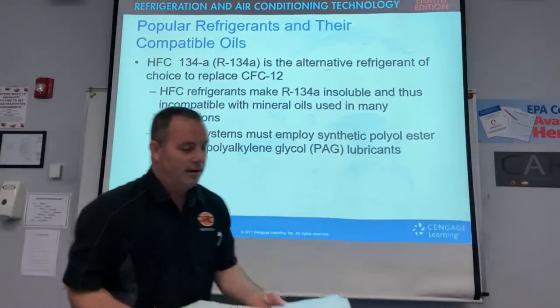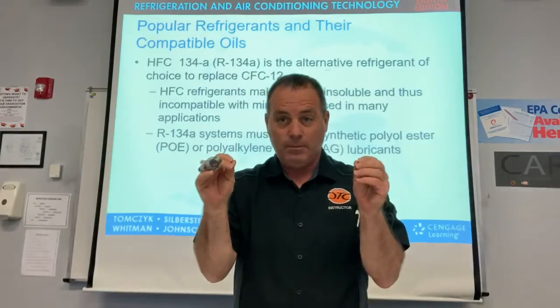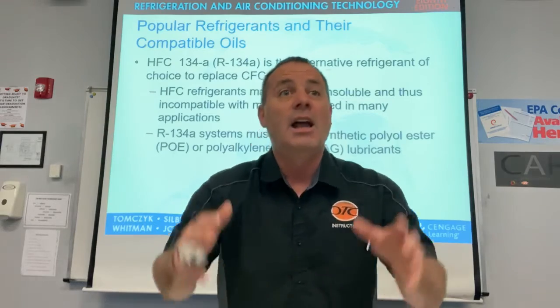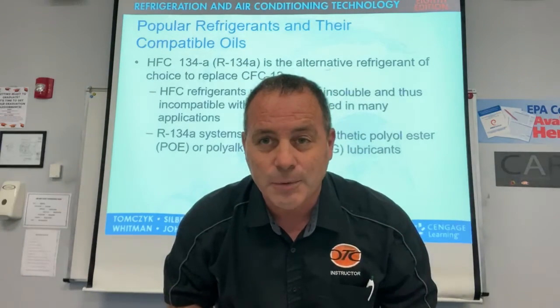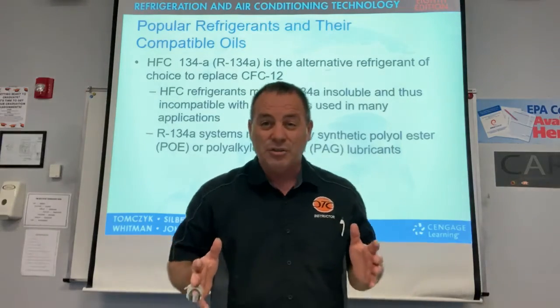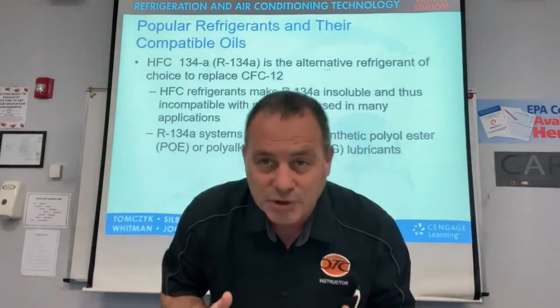However, 410A evaporates in your evaporator at 40 to 43 degrees. Normal operation of a residential system, just like R22. So it doesn't matter what the system pressures are in relationship to that, as long as you're getting those temperatures.